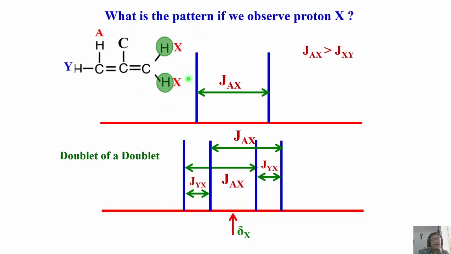This is a larger doublet because of this and a smaller doublet because of this. So it's a doublet of doublets, and the separations you can very easily measure. This gives you J coupling AX and further splitting gives you JYX. The center of this multiplicity pattern gives you the chemical shift. Remember always, if a particular proton is undergoing a multiplicity pattern, the corresponding chemical shift is always at the center.